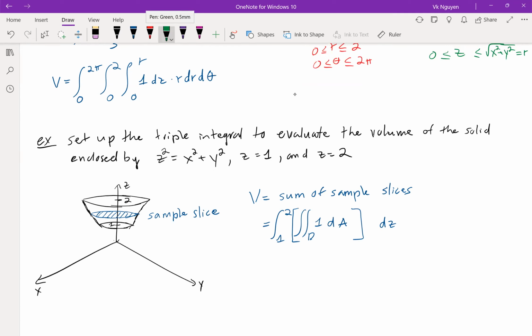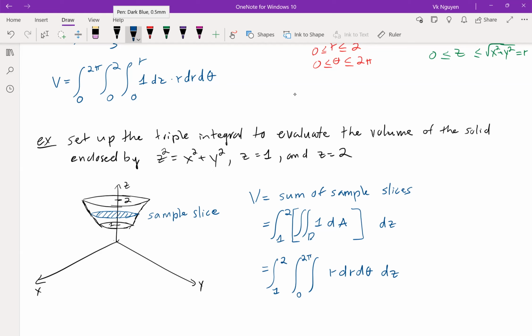If you look at one sample slice, the dA here is r dr d theta. The angle theta is the entire distance, so it's got to be from 0 to 2 pi.